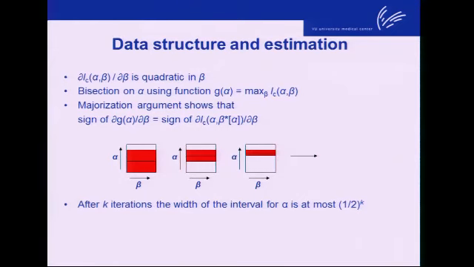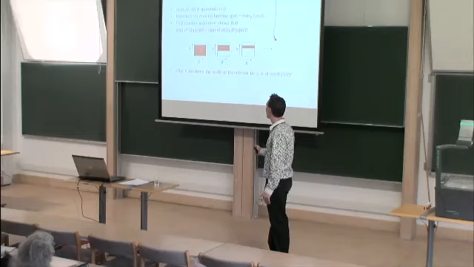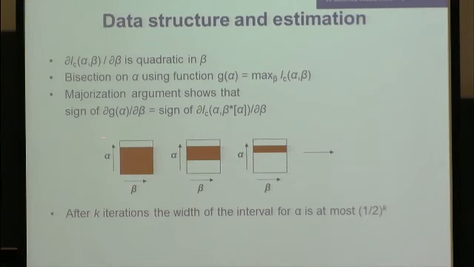We start with the feasible region, and we start in the middle of the interval for alpha, compute the maximum likelihood estimator for beta, then depending on the sign of the derivative, either restrict the interval to the upper part or the lower part, so we halve the interval there, and we do a similar thing at the second stage, third stage.